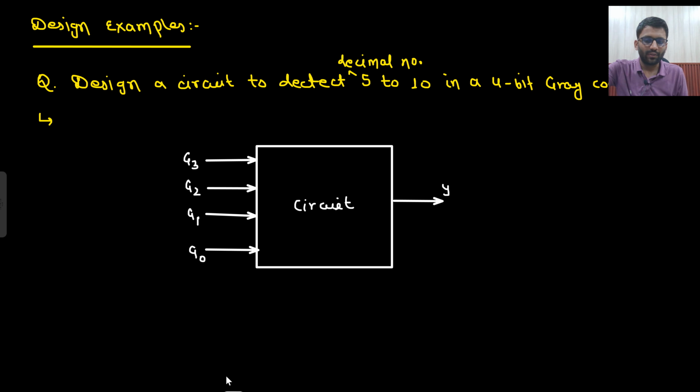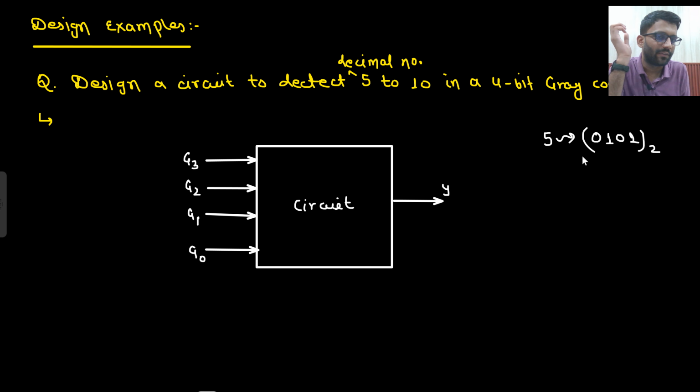So you need to find the equivalent gray codes from 5 to 10. For decimal value 5, what will be the gray code? First you will convert it to binary, because directly you cannot write it. What would that be? 0, 1, 0, 1. This is the binary code for 5. What will be its gray code? You are going from binary to gray.